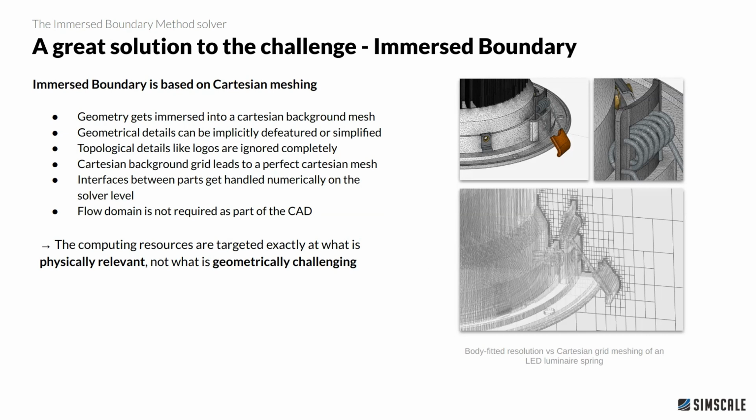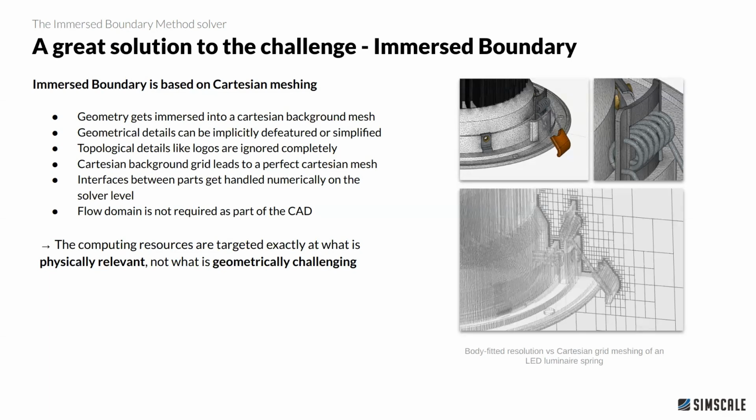And you can run it all on essentially a perfect hex mesh, where you just have the transitions between the finest levels, but you have no skewed problematic cells in there at all. And you don't care about topological details like logos, for example, at all. You just decide how fine you want to go around certain details.